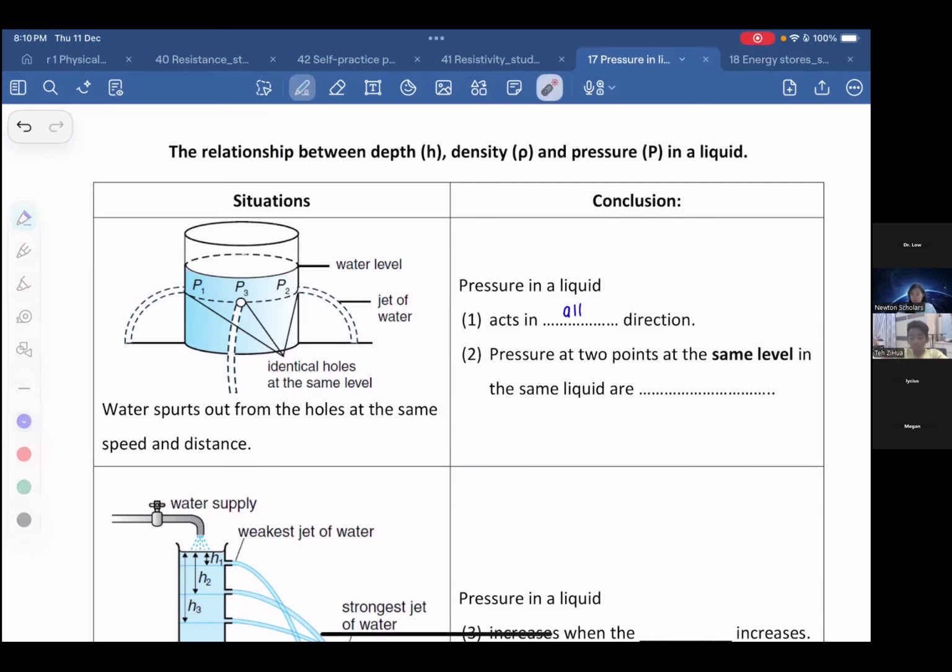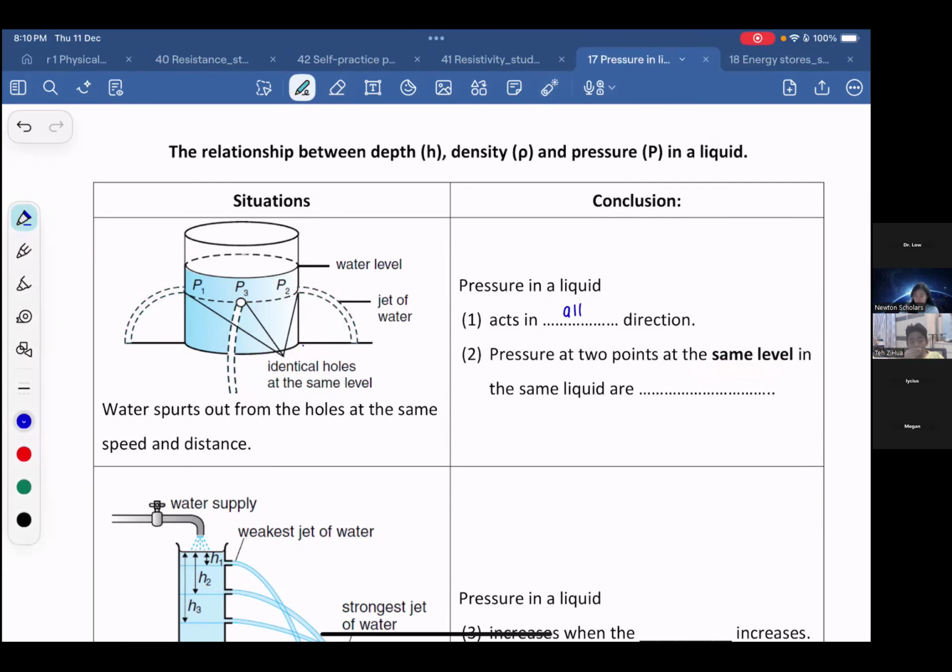If I make holes at the same liquid level, the same depth, the water spurts out at the same speed and the same distance. As long as any two points are at the same liquid level, they experience the same liquid pressure.